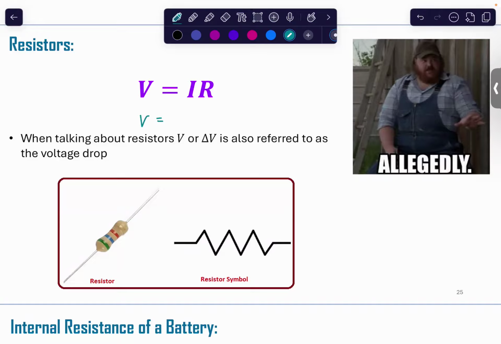What would V be for a battery? What is V equal for? No, not the unit. So I times R, what's I? Current. So current times resistance for a resistor is your voltage. Across the battery, what do we call voltage?